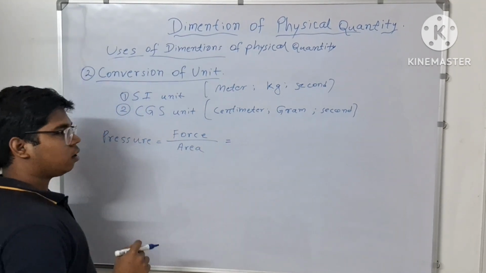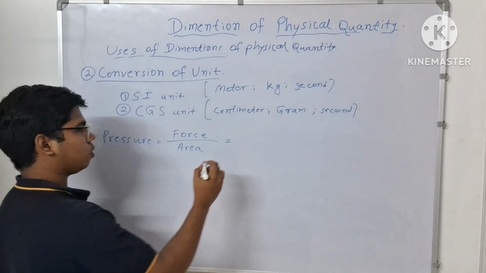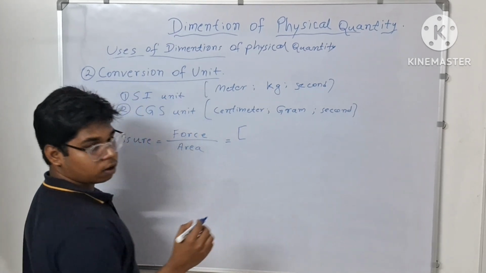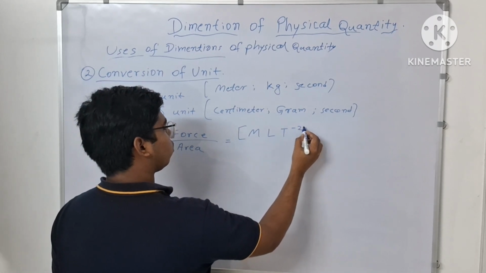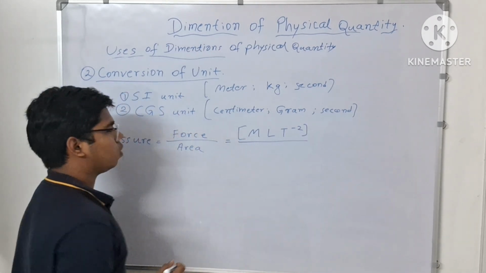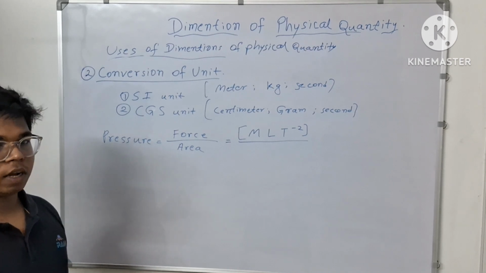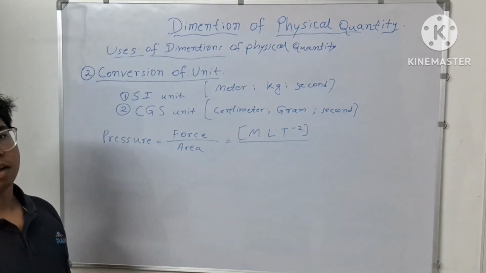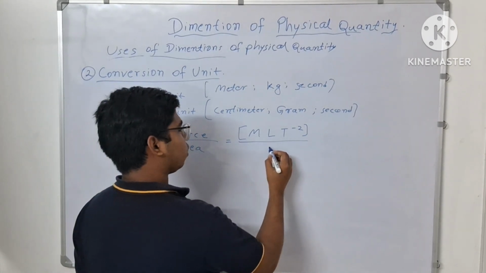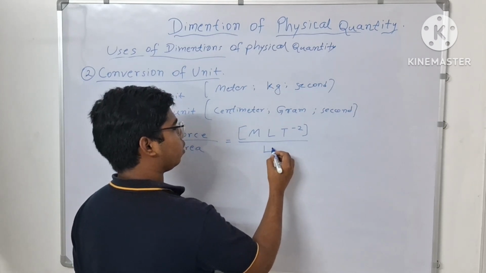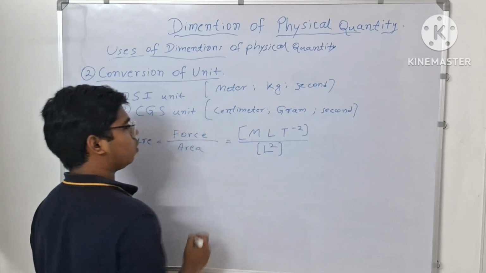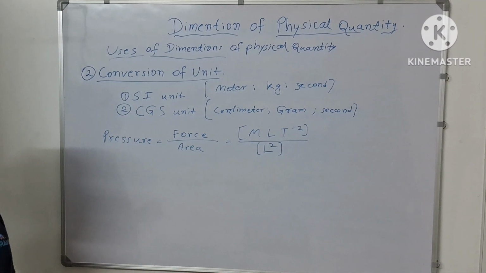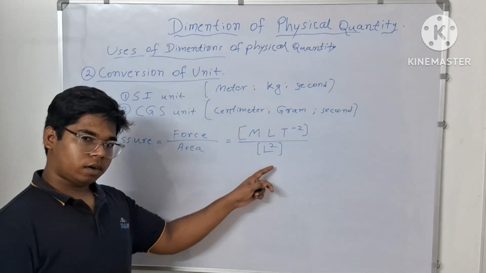So what is the dimension of force? As we discussed before, the dimension of force is M L T minus 2. And what is the dimension of area? Area is nothing but length multiplied by length. So L2. This is the dimension of area. This is in the denominator.